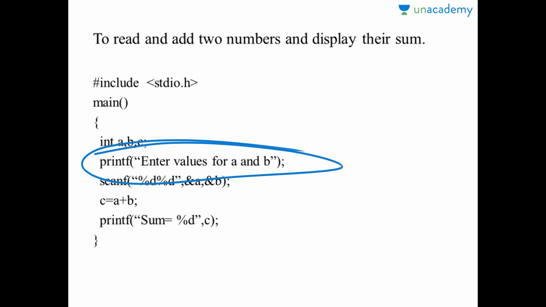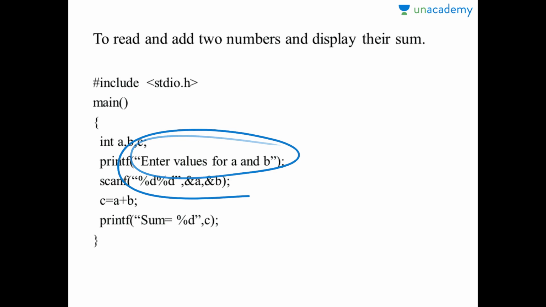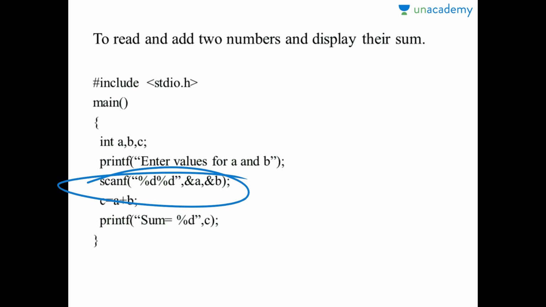Printf is the function which prints the text or value enclosed in double quotes. That means it will print out "enter values for a and b" when you hit the run button. Next is scanf, which we use to read the input from the user. The scanf function scans the types of values and number of values specified in these double quotes.